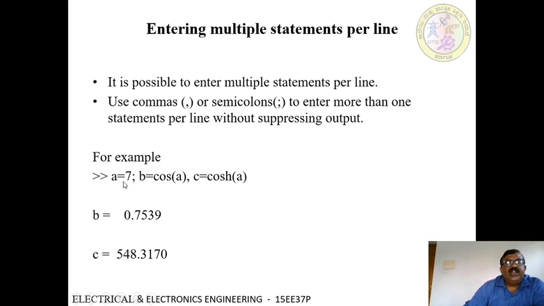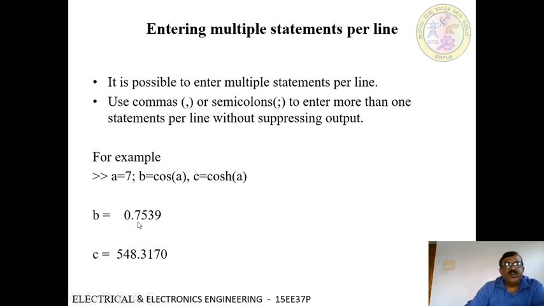Here A, the first statement, uses a semicolon, so A will not be displayed immediately. B is a statement where we have not used any semicolon, so we are separating the statements by putting a comma. So these two will be displayed. The values of B and C will be displayed immediately.